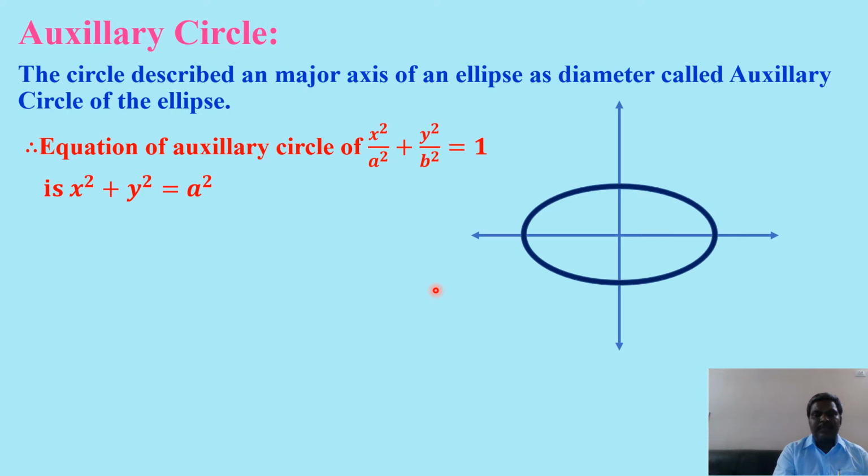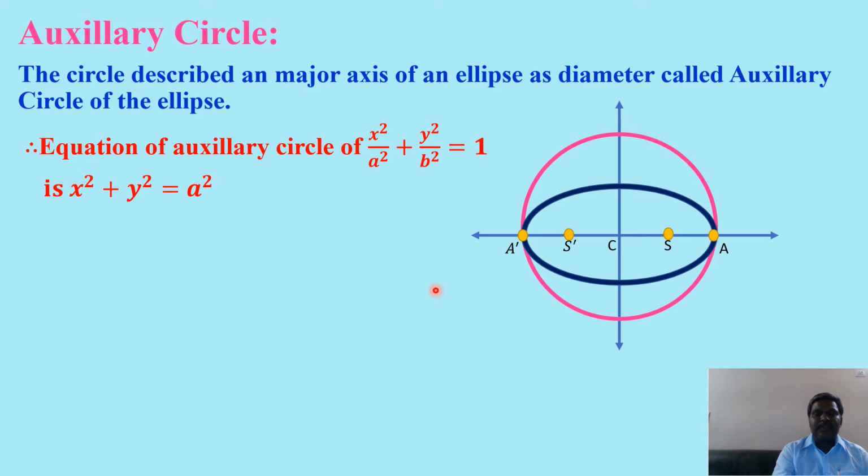These are the foci of the ellipse, S and S dash. This is the center of the circle. Now we are going to draw the auxiliary circle. What are these two? A dash and A. These are vertices. Now this is the circle, the auxiliary circle, described on A A dash as diameter.